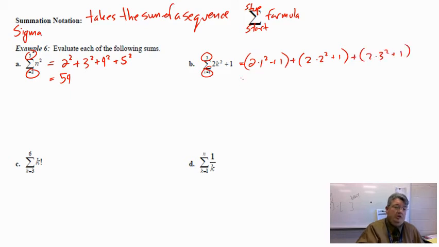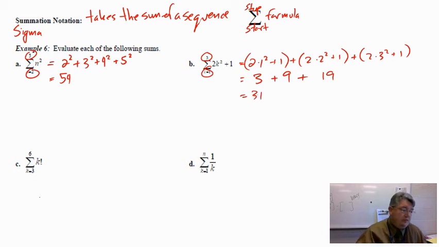So I got to figure out what all these are. 1 squared is 1, 2 times 1 is 2, plus 1 is 3, plus 2 squared is 4, 2 times 4 is 8, 8 plus 1 is 9, plus 3 squared is 9, 2 times 9 is 18, plus 1 is 19, and 19 plus 9 plus 3 make 31.